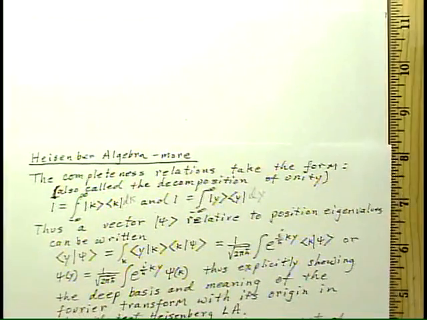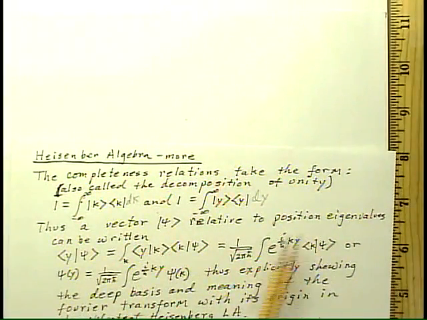Thus a vector psi can be written relative to the position space in the following way. We can write psi projected onto y, which of course gives us the components of psi in the y direction. And we can insert in here a unit vector 1. That's a complete decomposition in terms of k.